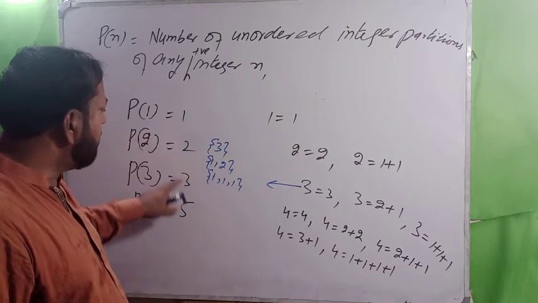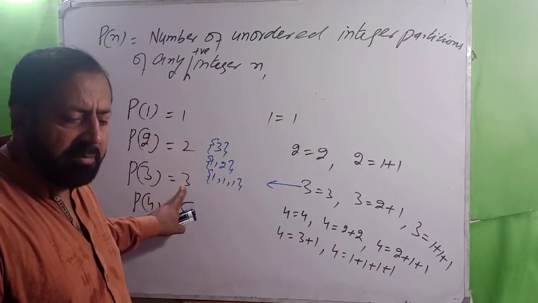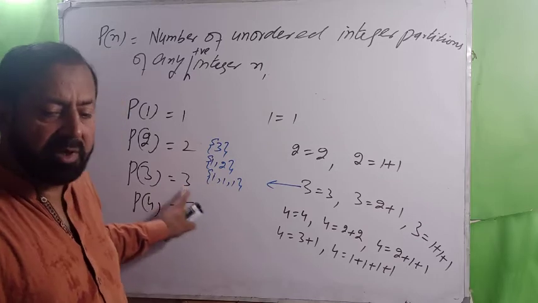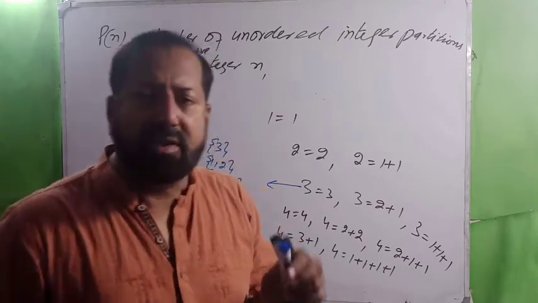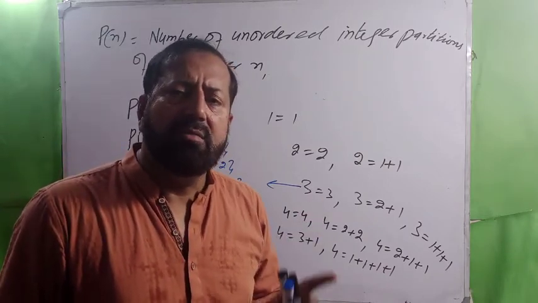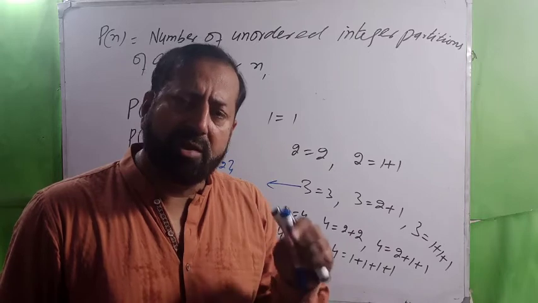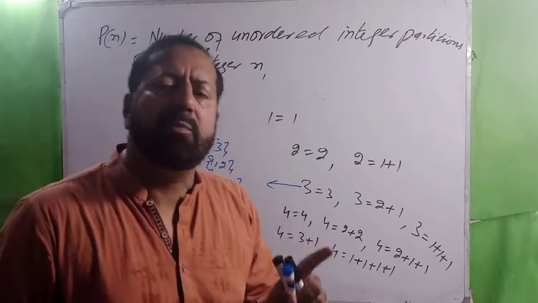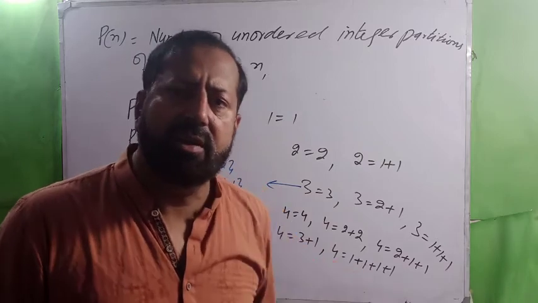We cannot find an explicit formula, but we have a recursive formula. By using that recursive formula, we can establish Pn corresponding to any n. So what is that formula? First we will discuss that formula, then we will try to link it with Sn.